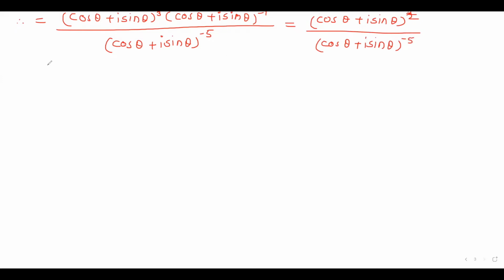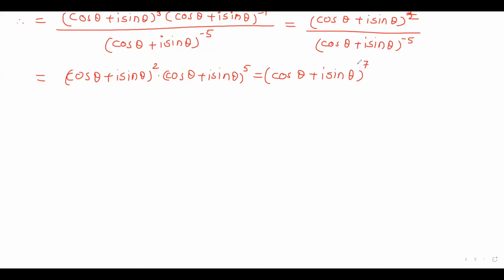And therefore your final answer will be (cos theta plus i into sine of theta) raised to 2 into (cos theta plus i into sine of theta) raised to 5. By the law of indices, 2 plus 5 will be 7 as bases are same. So your final answer will be (cos theta plus i into sine of theta) raised to 7. So this is how we can simplify any expression.